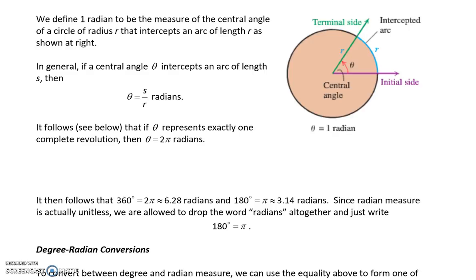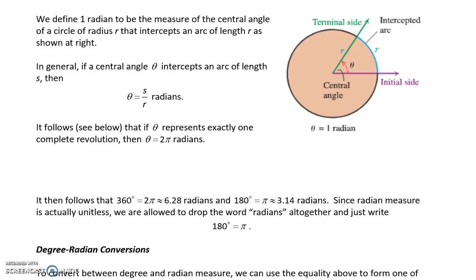So the central angle is an angle whose vertex is the center of the circle and whose initial and terminal sides correspond to radii, or extended radii, of the circle. The intercepted arc is the arc of the circle that corresponds to the central angle, and you can see that the length of the arc here is identical to the radius of the circle.